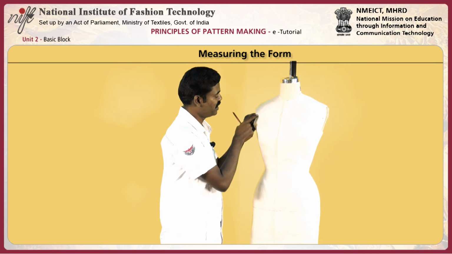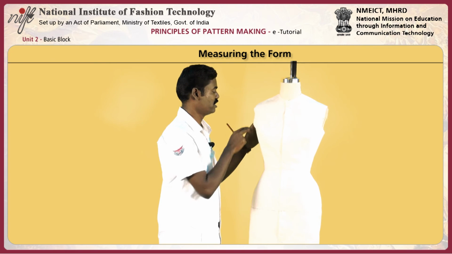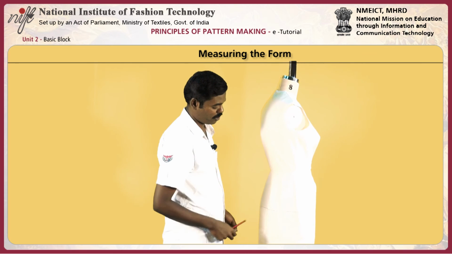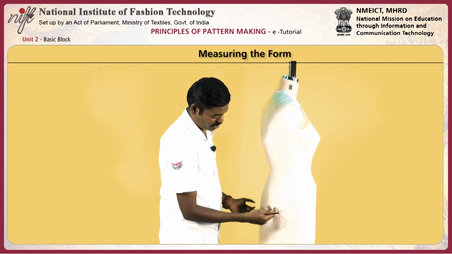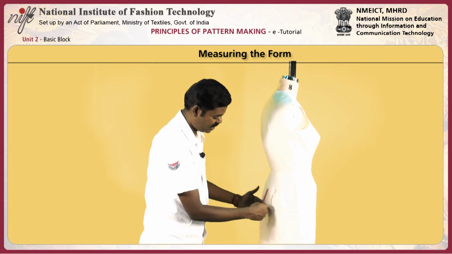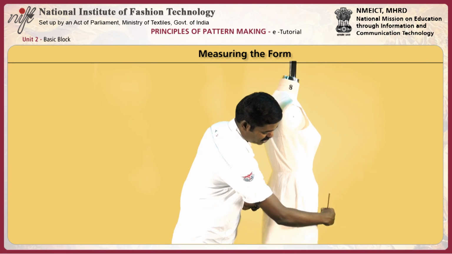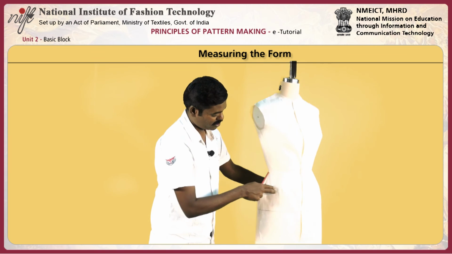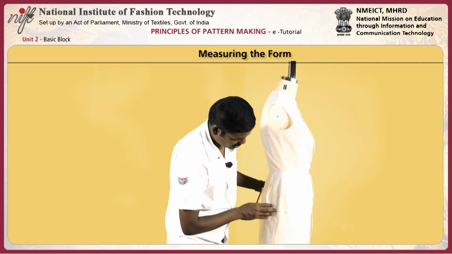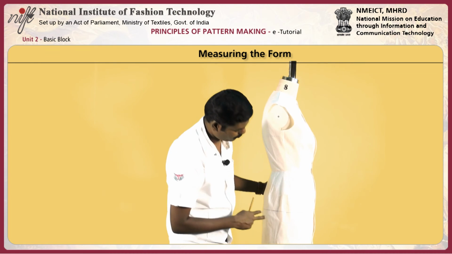Then across front ease, across back ease should be proper. At hip level everywhere, from side, center back, center front, there should be ease. Side seam of the skirt should match with the body.